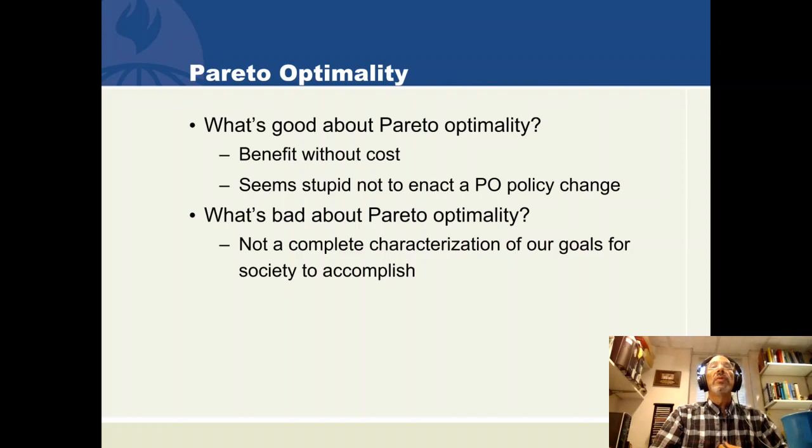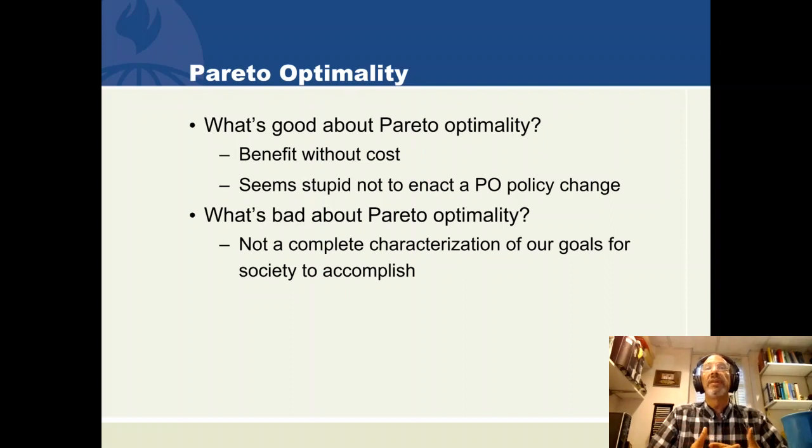So now that we know what Pareto optimality requires, the social welfare is higher and nobody is made worse off. What's good about that? Well, there's something good about that. We have made at least one person better off, and nobody suffered. Nobody would refuse. Everybody is at least the same, and somebody is better off. So it's benefits without costs.